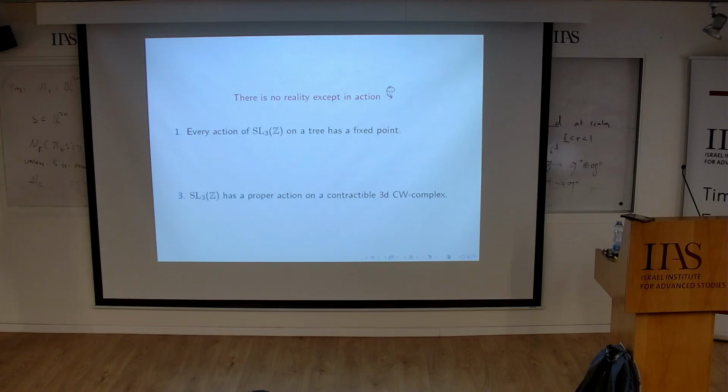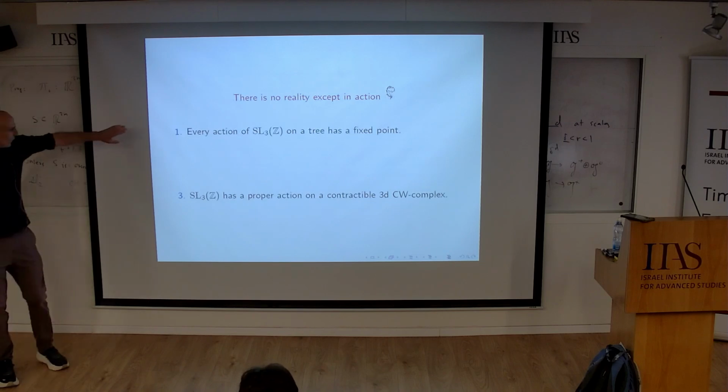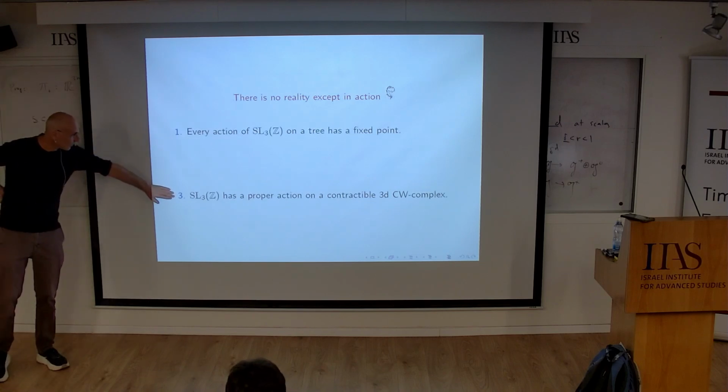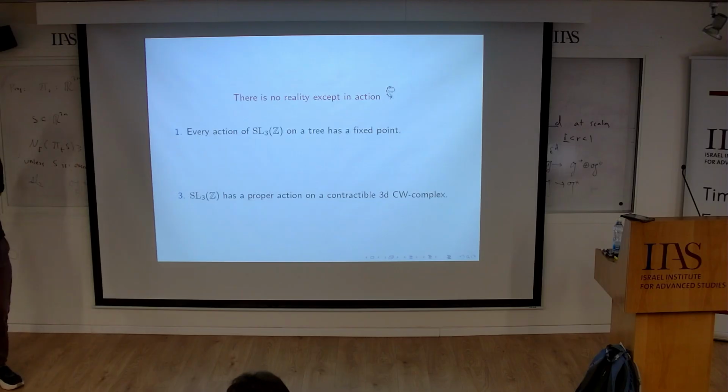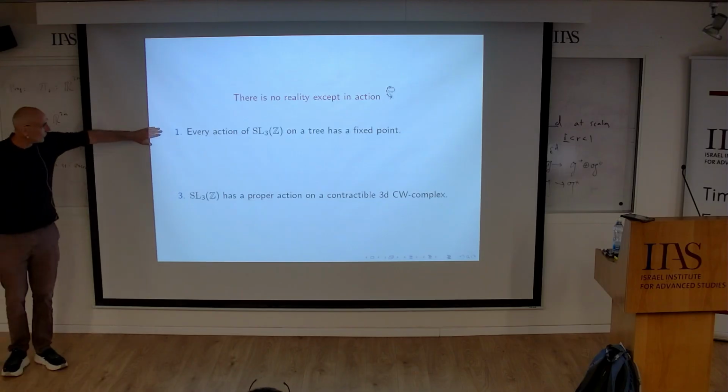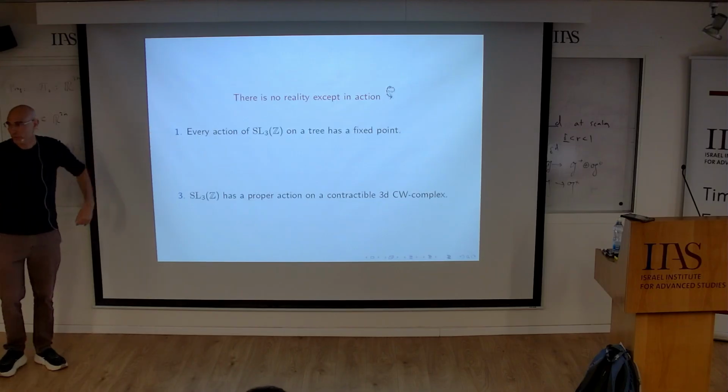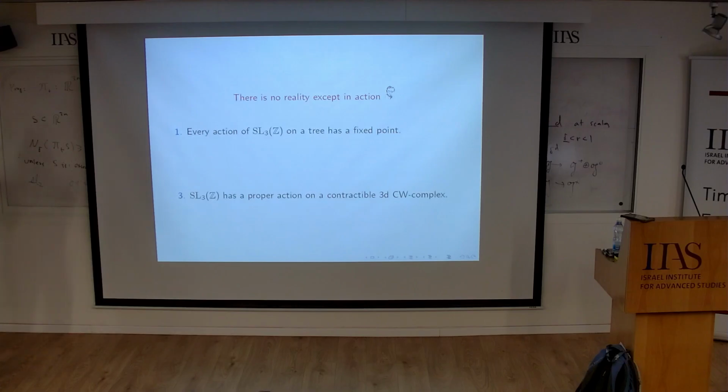It's about SL3Z and its actions. And actions here are actions on CW complexes of finite dimension and contractible. The first thing to observe is that it does have an action on a three-dimensional space. I will explain what it is later on. It does not have any action on a one-dimensional space. On a tree, whenever it acts on a contractible one-dimensional space, it has a fixed point.